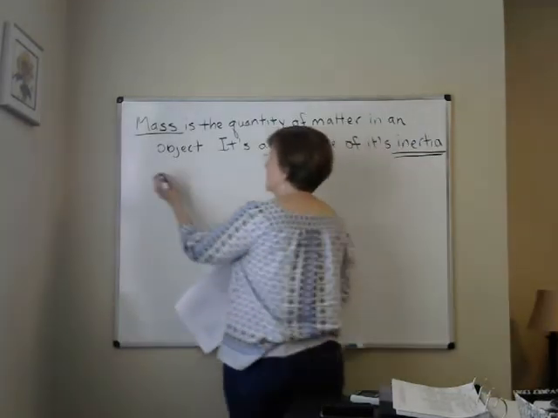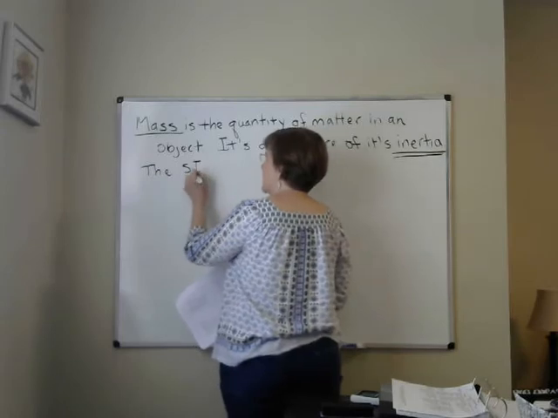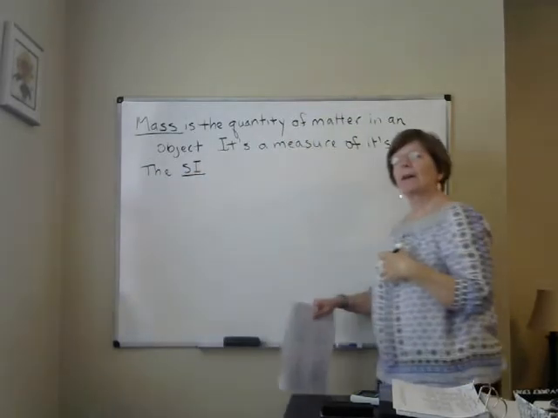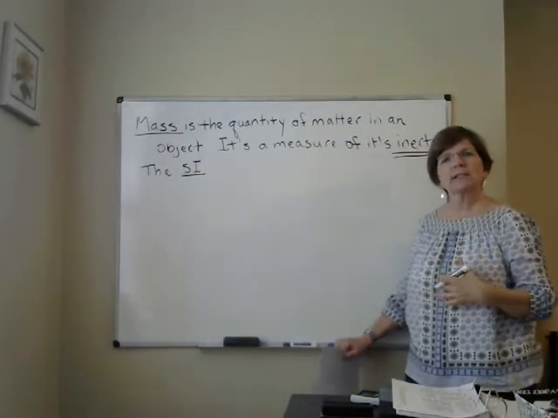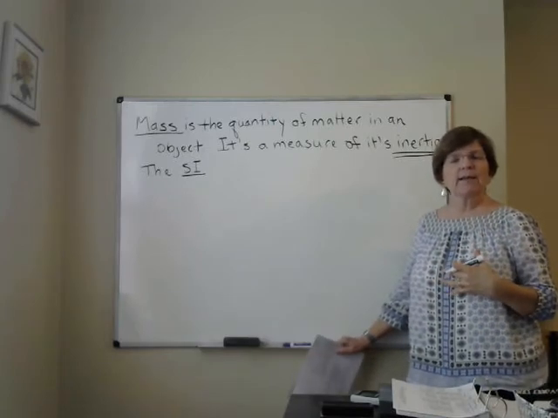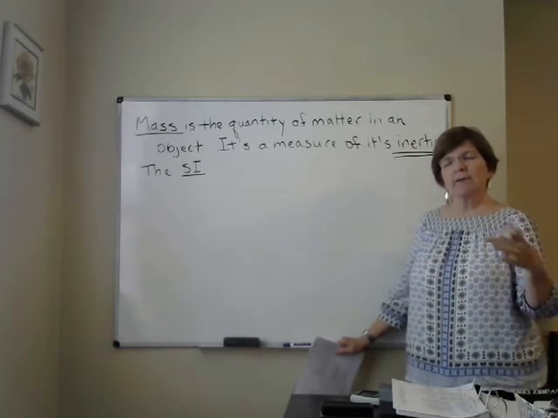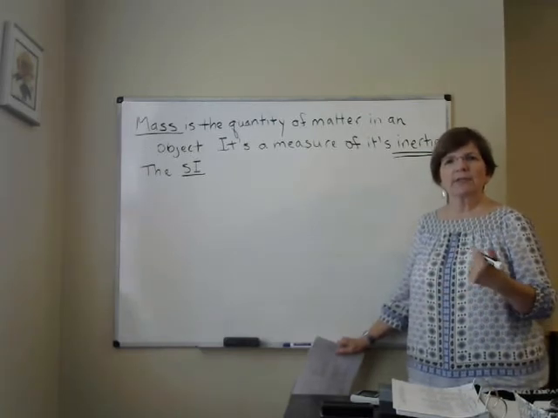The SI unit, SI units are what they call the International System of Units. Those are the units that scientists have agreed to use. They make our equations stay consistent. So that's why we want to work in meters, seconds.